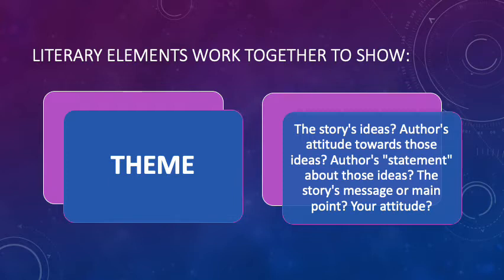The theme is what we're trying to uncover when we read a story. The theme is the author's ideas. Now, there's the basic idea, which is almost one word, death or hope or something like that. And there's the more specific theme. That's what we want to find, the more specific thing.